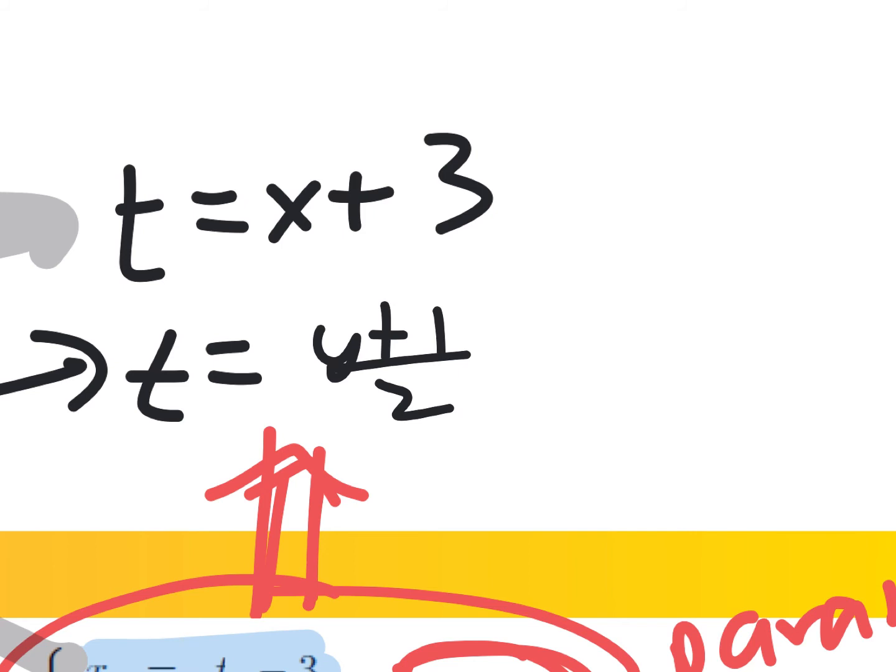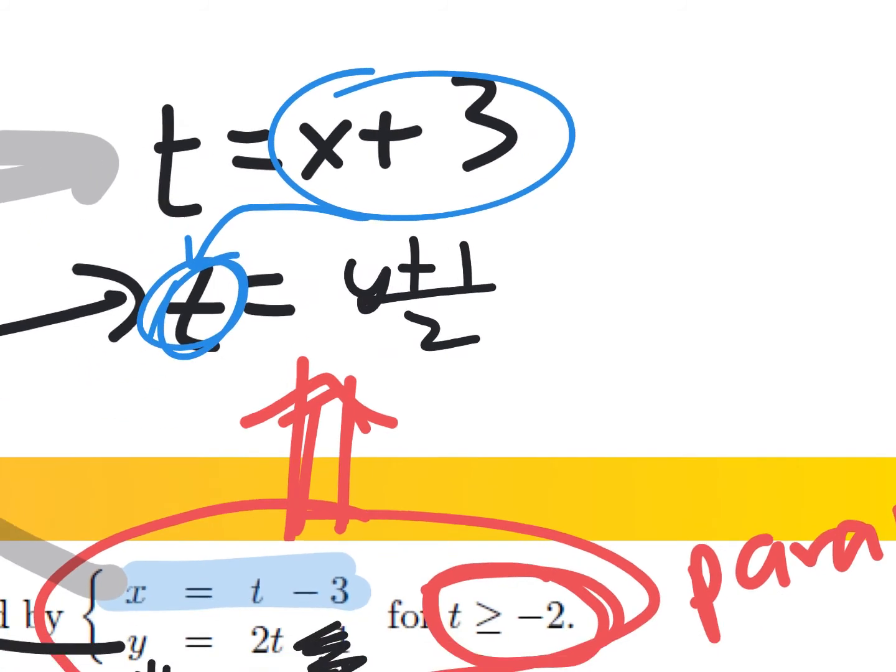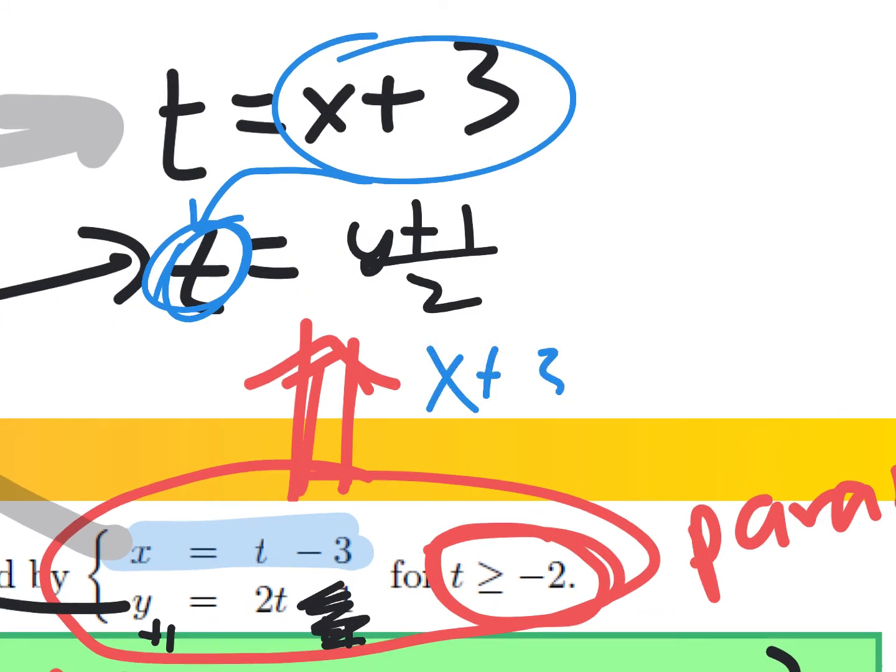All right. Did you realize that you could put that there because t is x plus 3. So this t right here could be x plus 3. And then you have x plus 3 equals y plus 1 over 2.